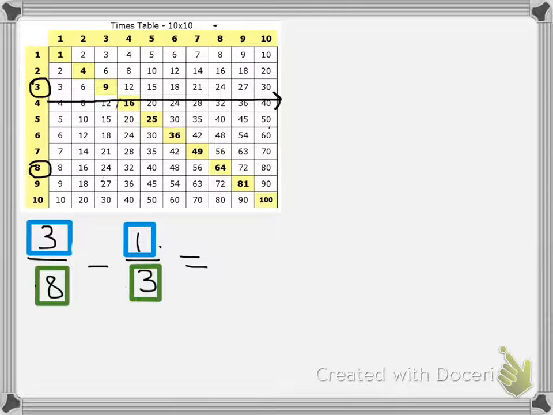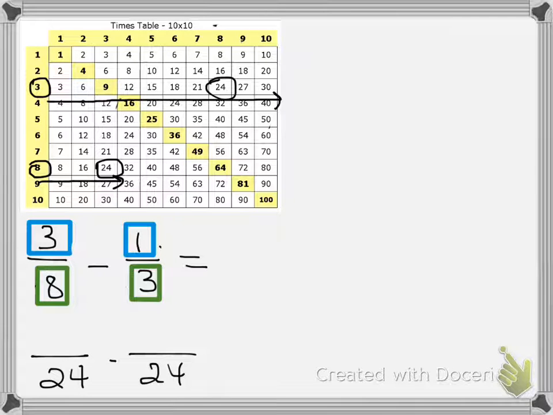And as I'm looking at 8, I'm going to ask myself, what numbers do I see in the 3 column or the 3 row that are also in the 8 row? So I'm going to start looking. And I see that they both share a 24. So now I know that my common denominator is going to be 24.